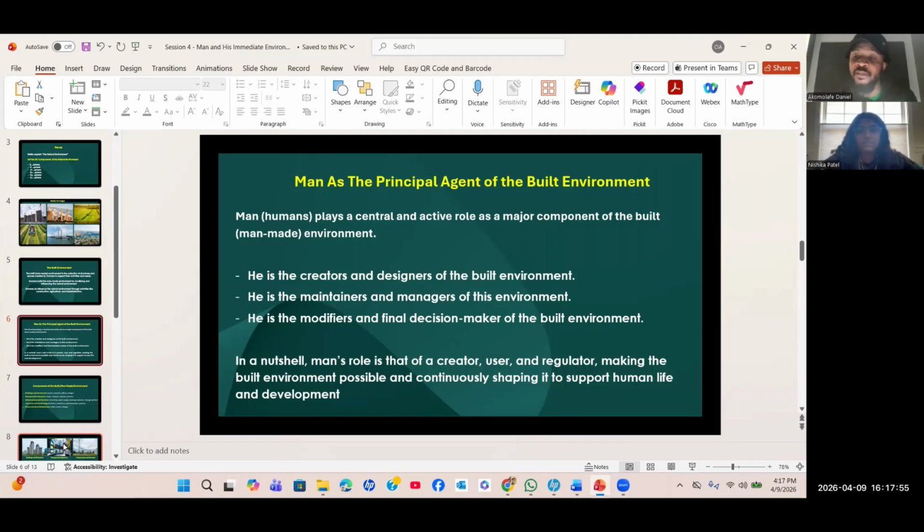If you don't maintain it, it is bound to be destroyed. Then man modifies. That means they make changes, and they remain the final decision makers. So in a nutshell, man serves as the creator, the user and the regulator of everything you can find within the environment.